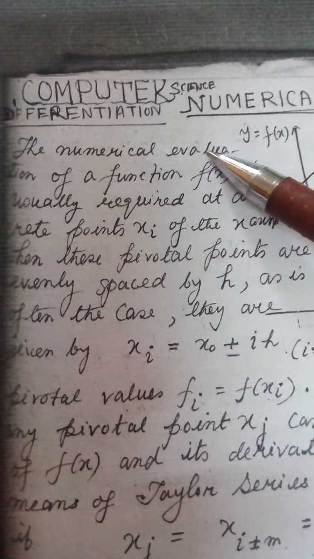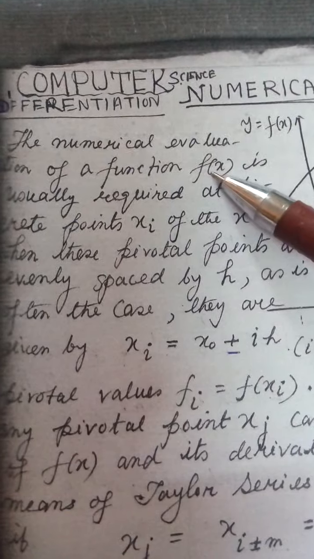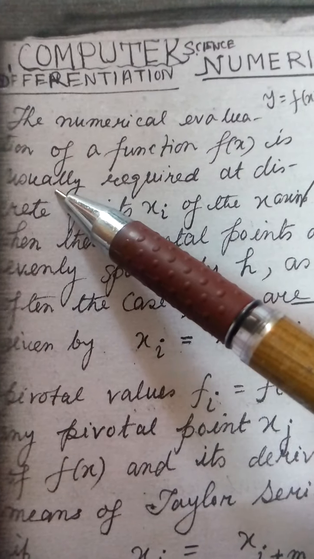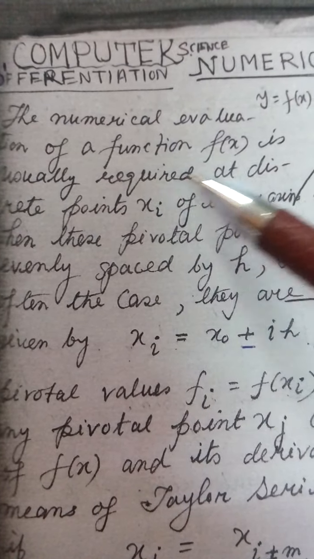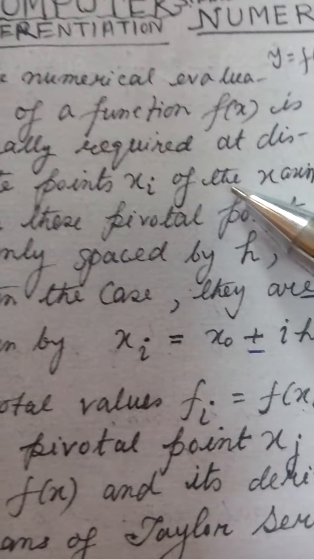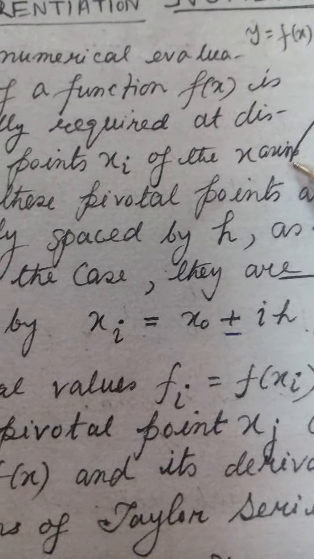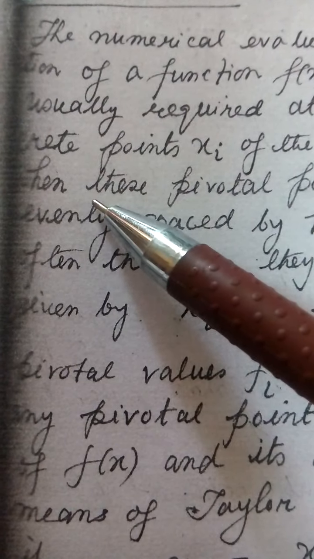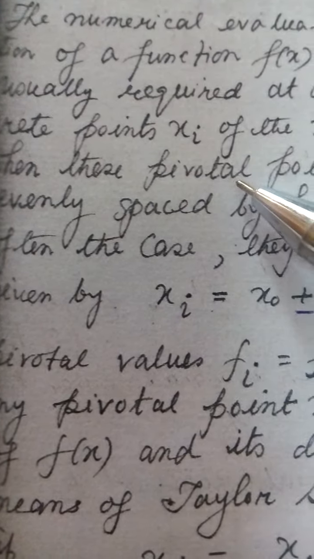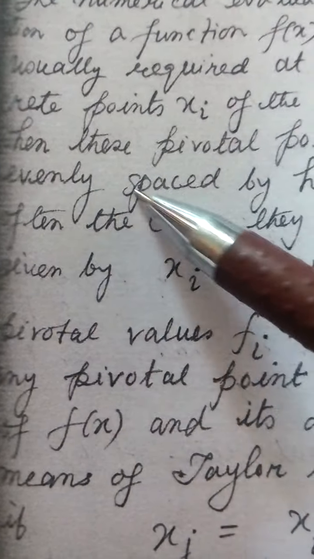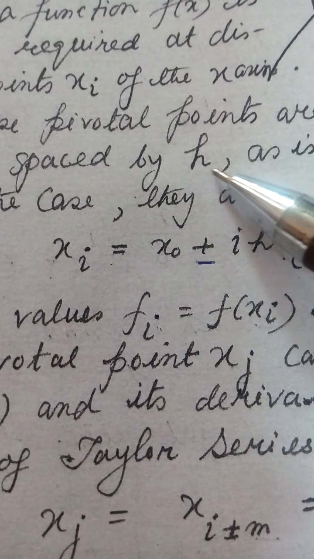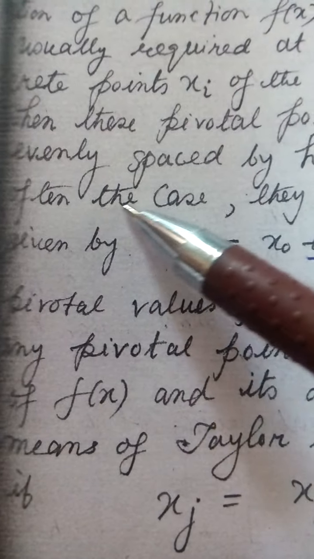The numerical evaluation of a function fx is usually required at discrete points xi of the x-axis, when those pivotal points are evenly spaced by h, as is often the case.